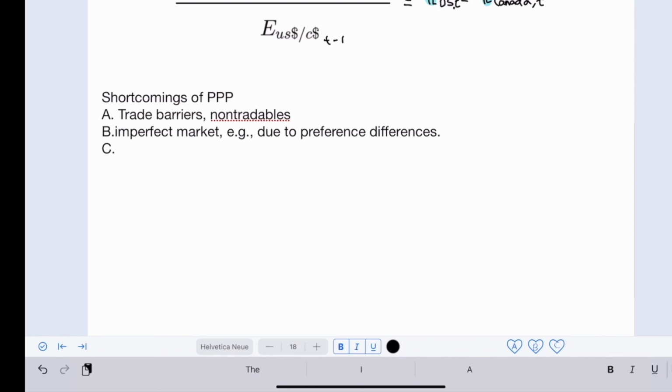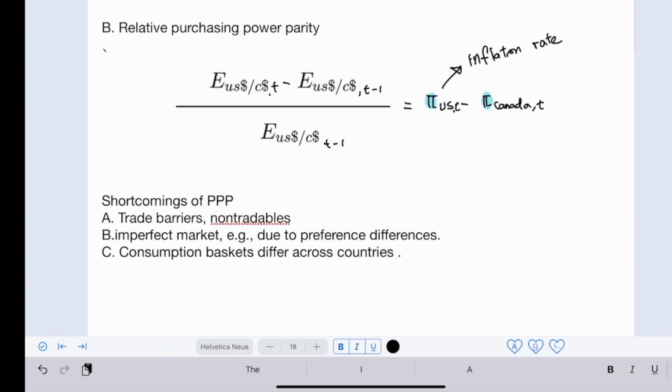So the CPI sounds perfect for computing the exchange rate based on the purchasing power parity. But in fact, in practice, it is not a good process because the basket can be different across countries. So here we complete the discussion related to the purchasing power parity.